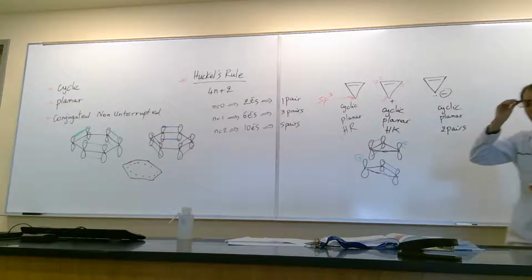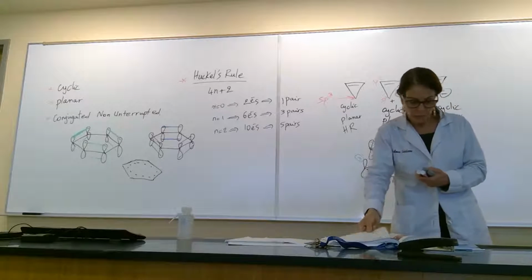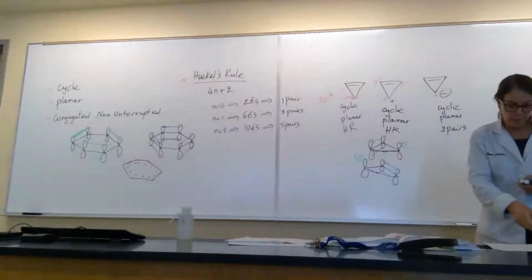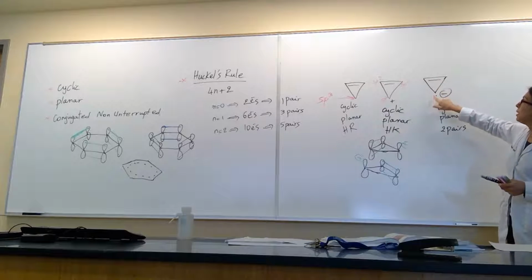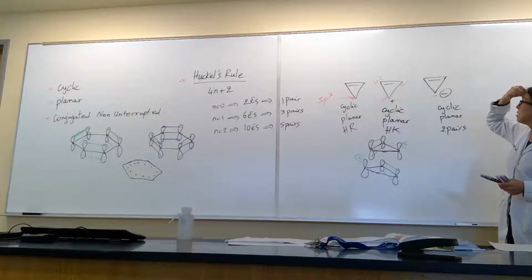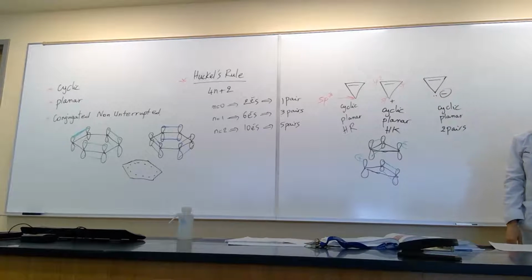Okay, let's try a few more. Professor, if those electrons move into the ring, the other electrons have to come up. The extra electrons can move. If they move in, the pi bond has to go up onto the carbon.